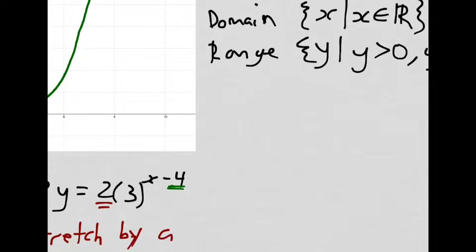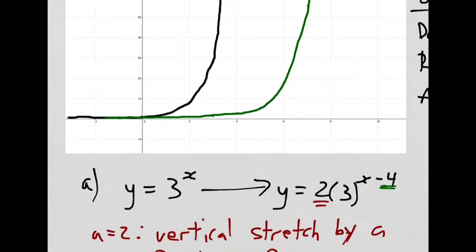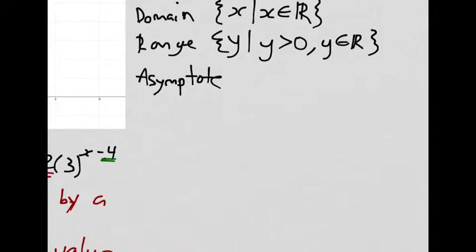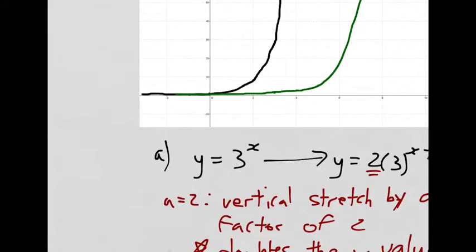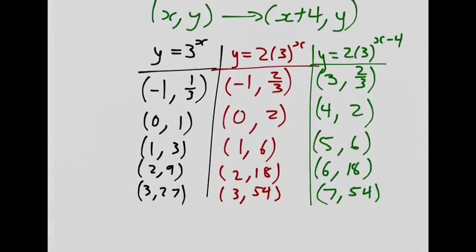Okay, they also ask for equations of any asymptotes. So what was the original asymptote equation? Where is the line that black curve does not touch? Y equals 0. Okay? And any intercepts that I had originally. This might help here.